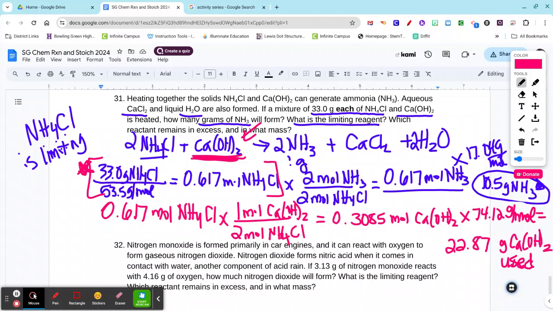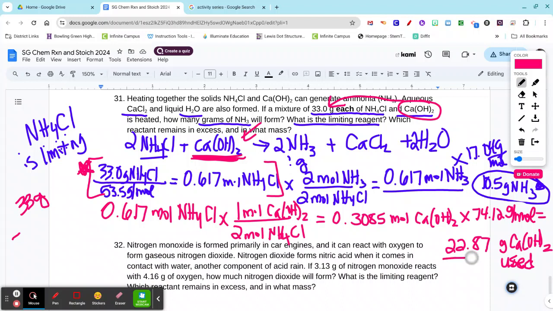Now, to figure out how much I have left over, which is your excess, you have to go back to your problem. How much did I start with? 33 grams. So I'm going to go over here because I'm running out of room. 33 grams is how much I started with.